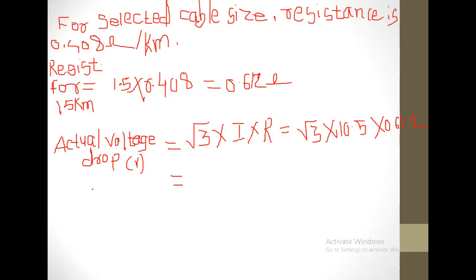So what is the actual voltage drop? I think 11 point something will come. 11.13. Okay.